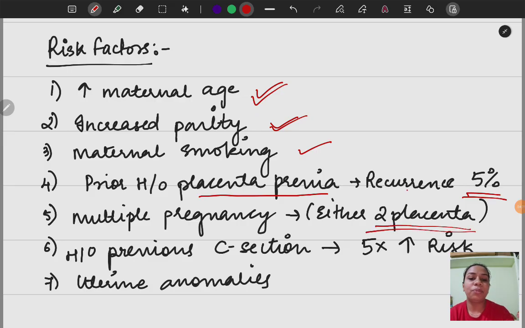Then history of previous C-section, okay, in previous C-section there is 5 times increased risk of placenta previa, because in C-section the mother is getting a scar on the abdomen, okay. So inside also in the uterus there is a scar, so there is a high risk of the placenta to adhere to the scar site. So history of previous C-section is also very common. Then uterine anomalies.